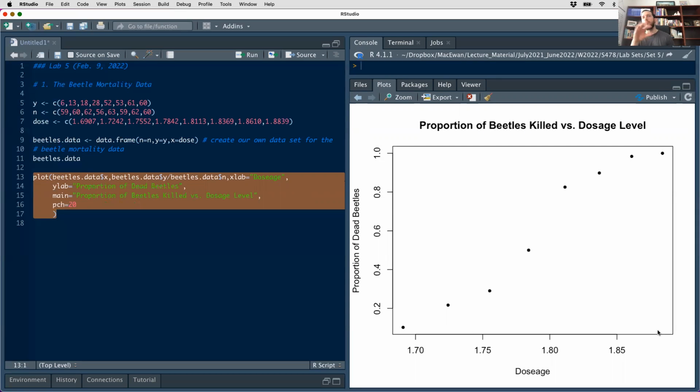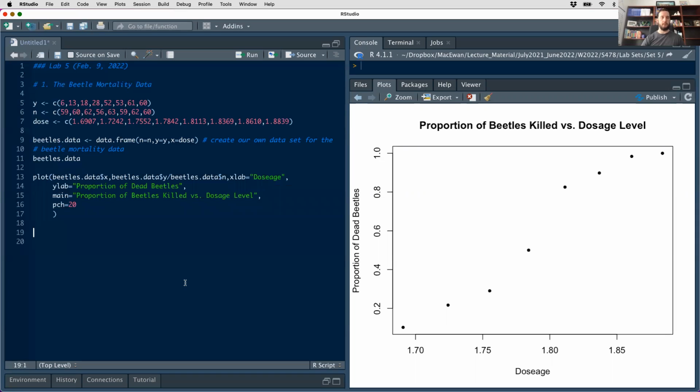And the proportion of dead beetles is obviously going to be constrained between 0 and 1 as per the definition of a proportion. So what we want to do is fit a model that will allow us to estimate these proportions directly. Okay, so we can do this using a binomial GLM, or in particular, a logistic regression model.